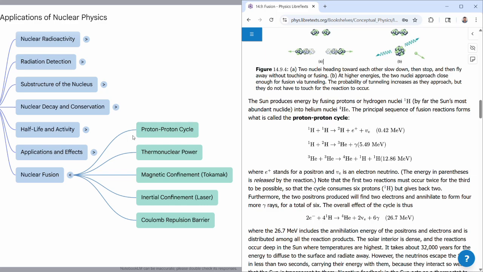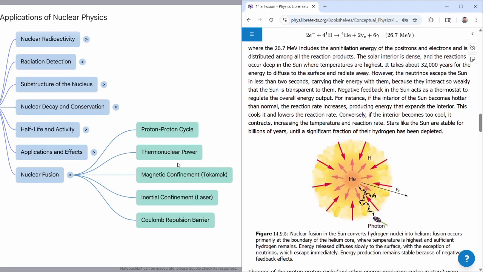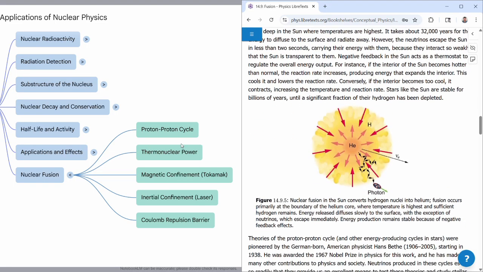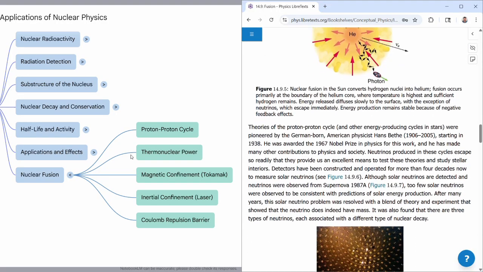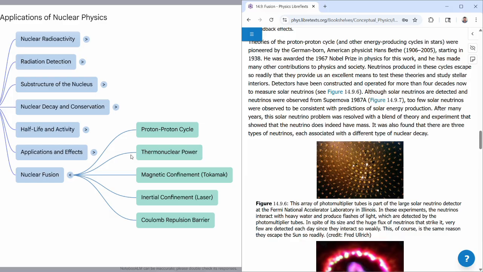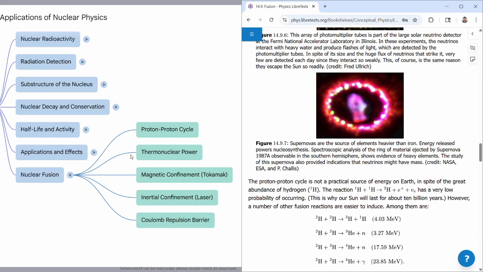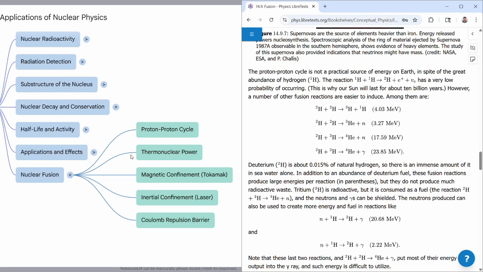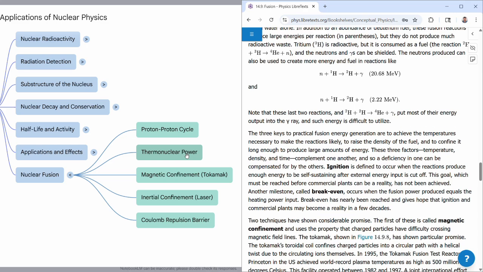And really, thermonuclear power is the only quote-unquote practical application of nuclear fusion, where we have used it in the context of nuclear weapons, covered in section 14.11, to ignite the fusion using a fission bomb, an A-bomb.